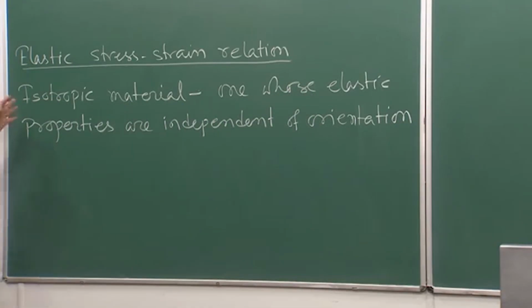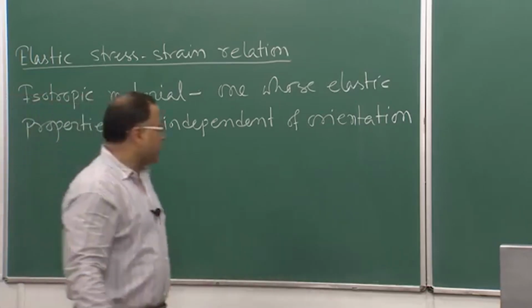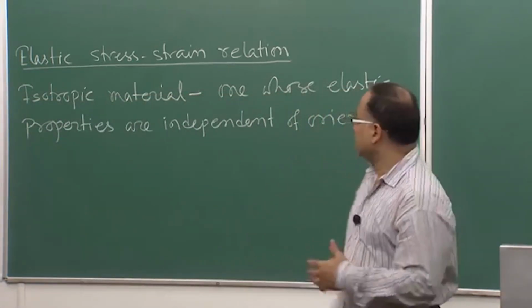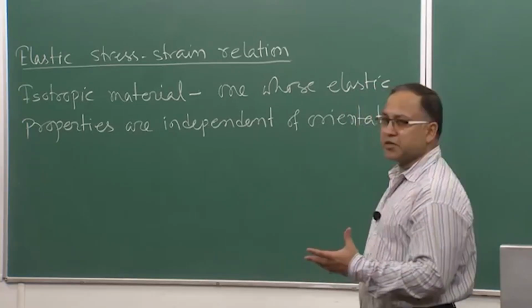So, what is isotropic material? Isotropic material is one whose elastic properties are independent of orientation.